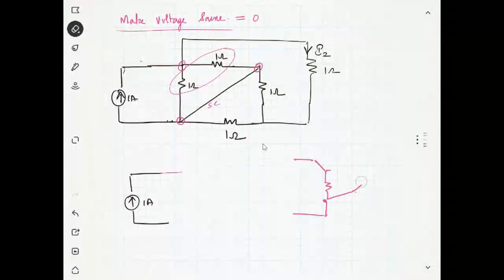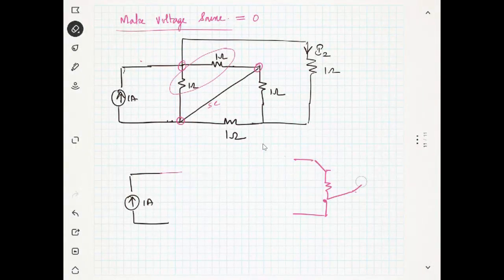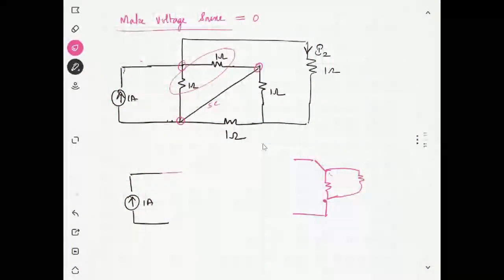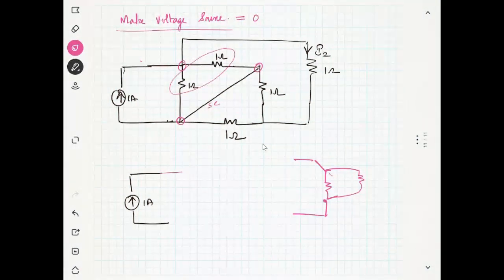Is it the same? Yes, I think because it's parallel. Oh, it is not appearing, because I'm writing here something and it is not appearing on the screen. That's a problem. Okay, so it is parallel. You can imagine it, and it is parallel, and it is 0.5 ohms.